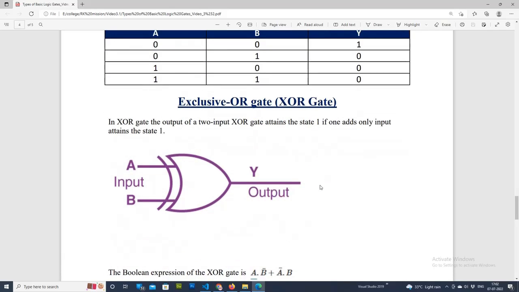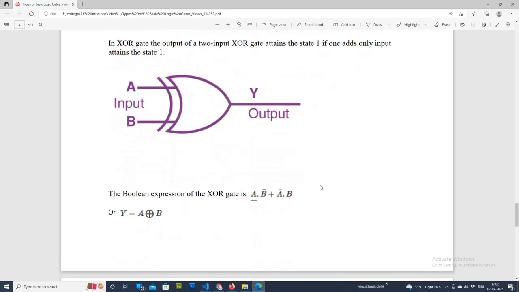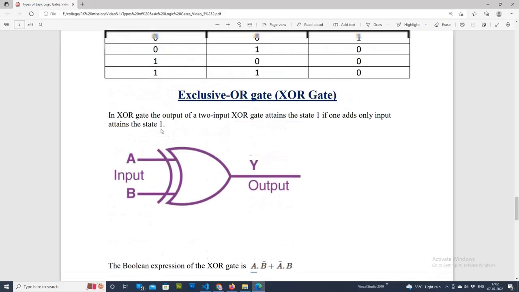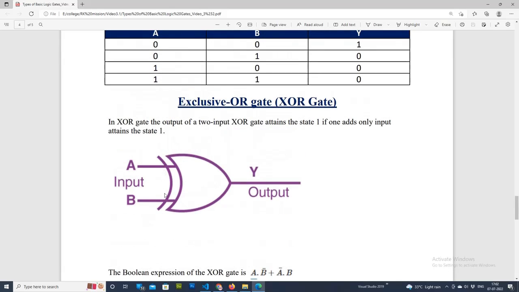Okay, the exclusive OR gate, we call it the XOR gate. In the XOR gate, the output of the two-input XOR gate attains the state 1 if only one input attains the state 1. A and B are the inputs, and here we have the XOR or exclusive OR gate.